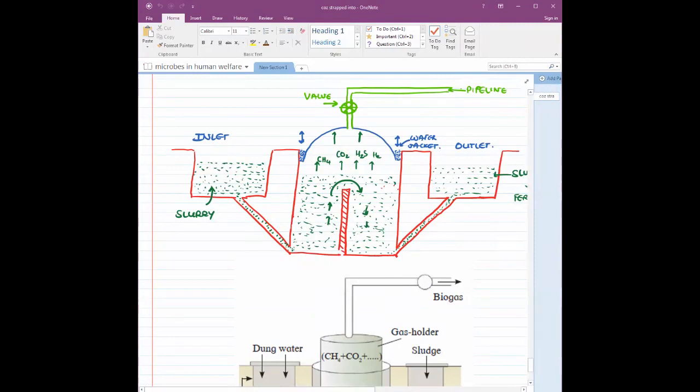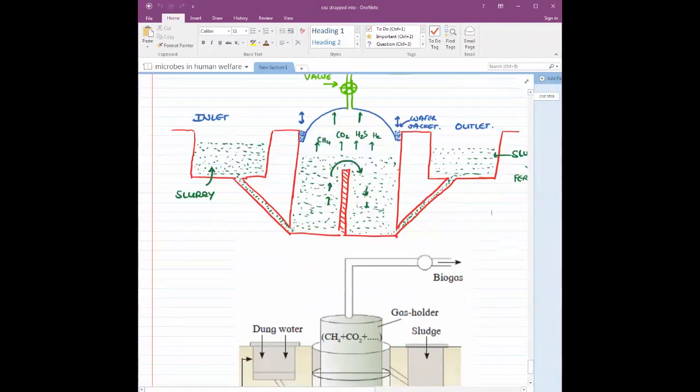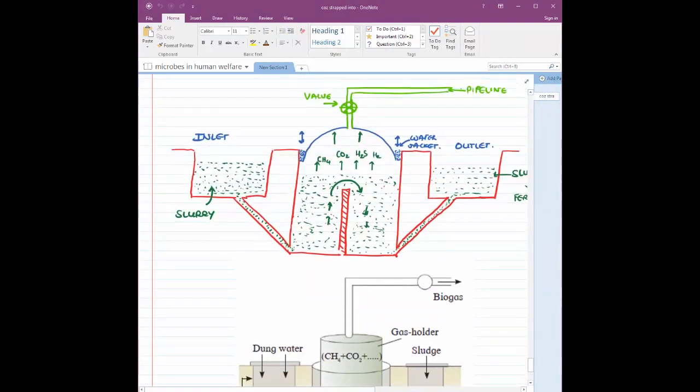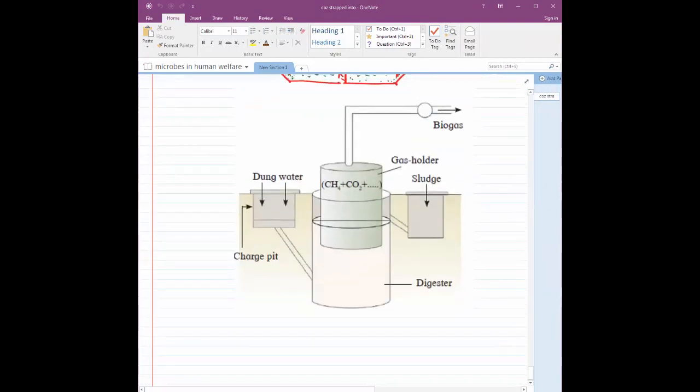Generally the most important ones, like I told you, in your textbook they have shown you these two things. I have drawn this. This is the most common model, with a slightly different variety. In this there are actually two models: one is your KVIC, and the second is your IARI, Indian Agricultural Research Institute. These are the two that are there.